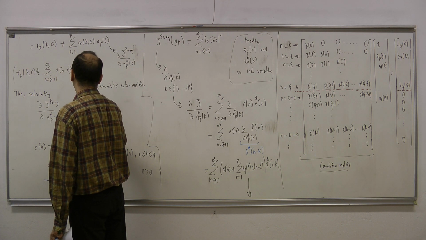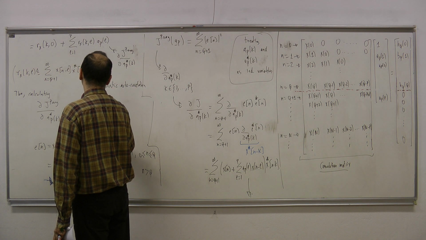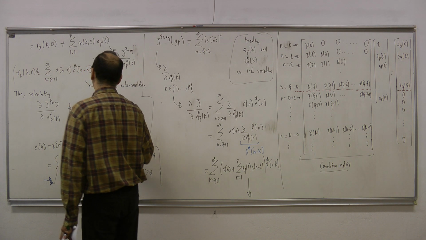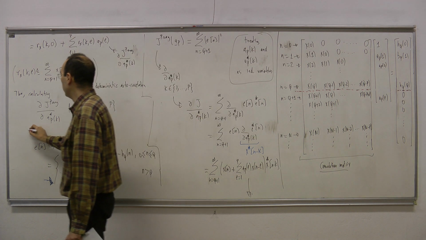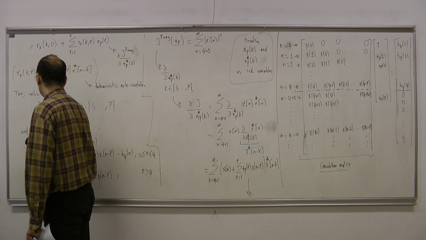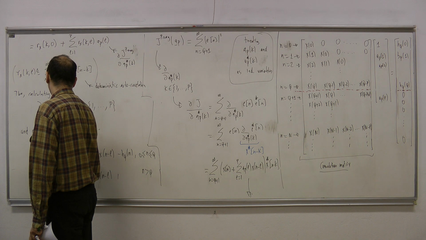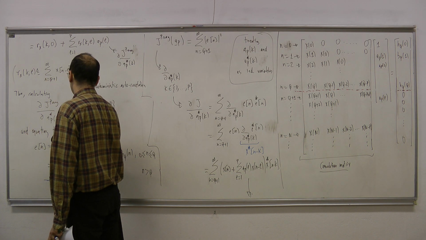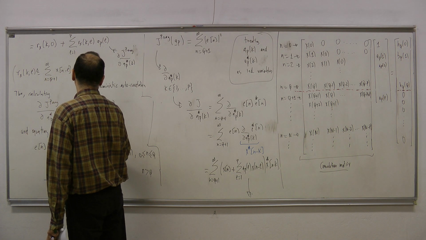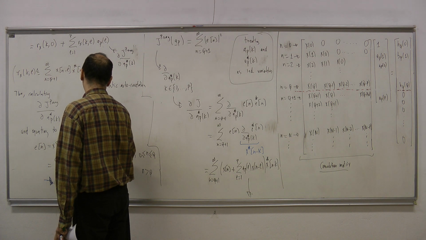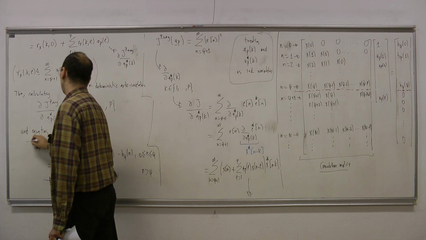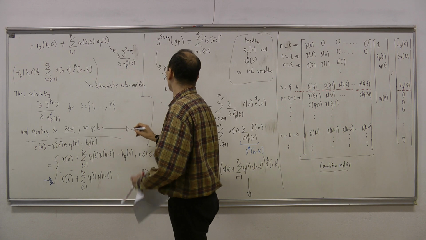for k, let's say 1 to p, okay? And equating them to 0. Equating to 0, we get, let me keep this.